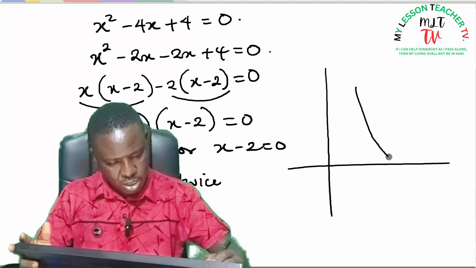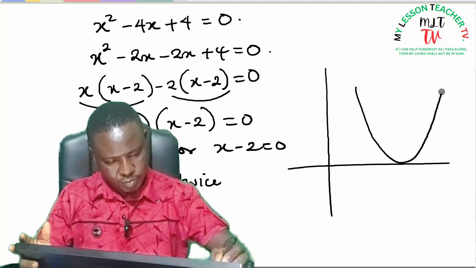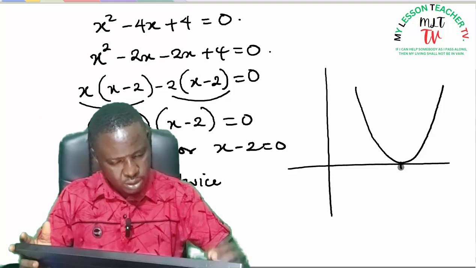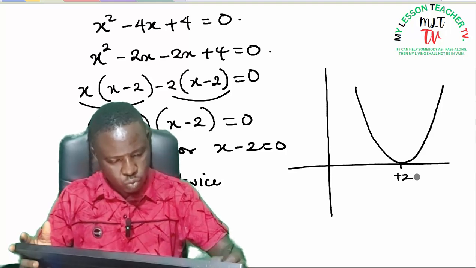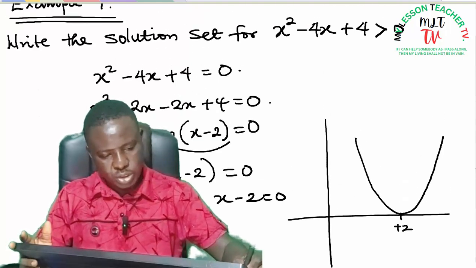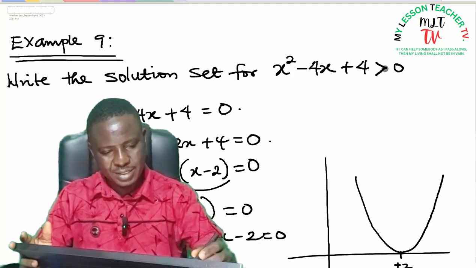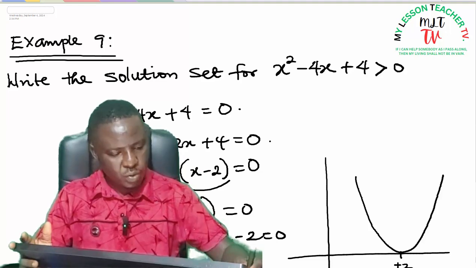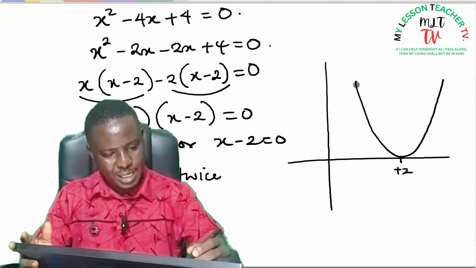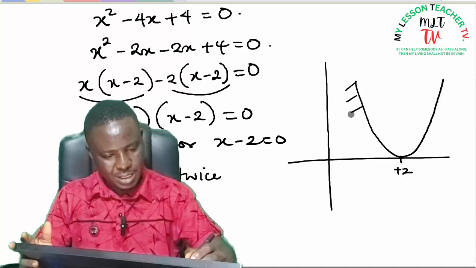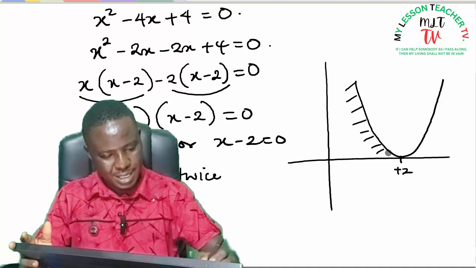So you have something like this, where this point is plus 2. And the question says we should find the region where this is greater than 0. So it is at this region and at this region.